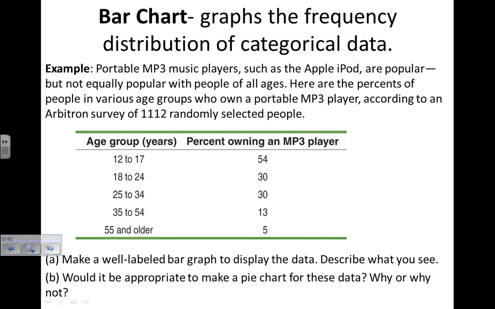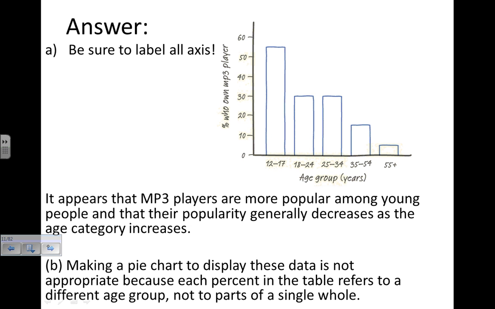Okay, now that you've unpaused, let's go over what this would look like. So here, again, these are categories. We have our different categories of age groups, and then I have the percent who own an MP3 player. So this is what we were talking about before. We could label over here, we could do percents all the way up.